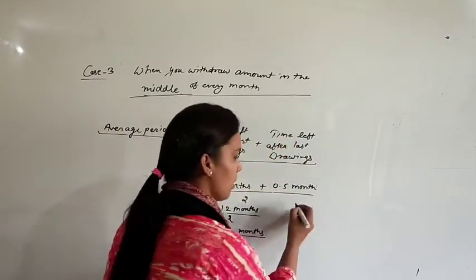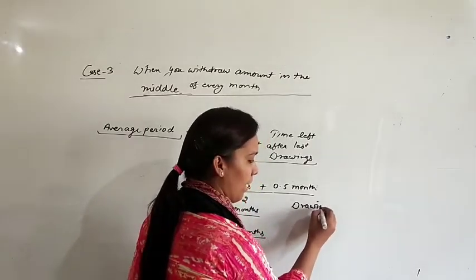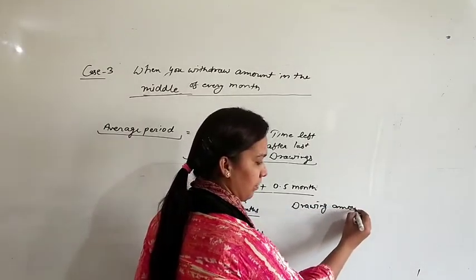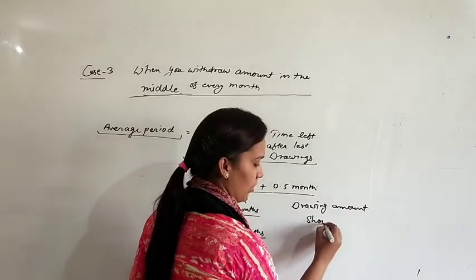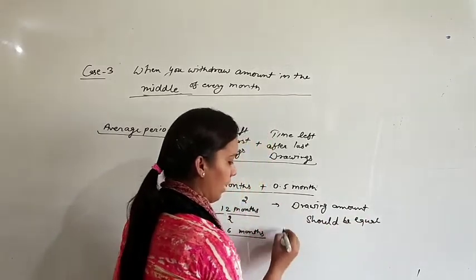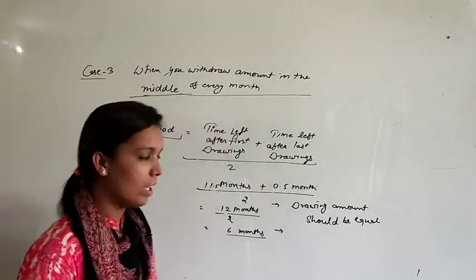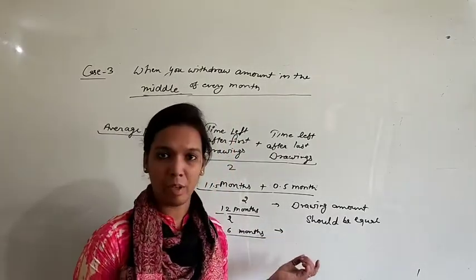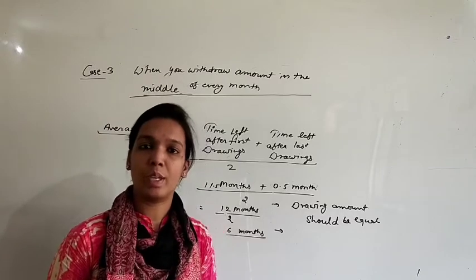Okay, but for these there are conditions required. What are the conditions? Your drawing amount should be equal every month. And the second one is that the time gap must also be equal.